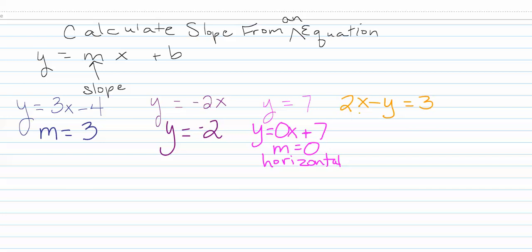So my job is to manipulate these variables and numbers so that y is on one side of the equation all by itself. Now, in my opinion, it's an easier fix if I were to take this y value and move it to the right-hand side. This is actually not fewer steps, just a little bit easier steps.